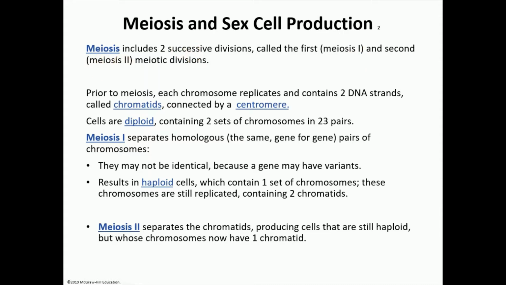In meiosis 1, what we're basically doing is taking that chromosome, and remember the X-shaped chromosome is made out of 2 chromatids, connected at the center by a centromere. So in the first meiotic division, the aim is to split the 46 chromosomes into 23 chromosomes. Each of them has 2 chromatids.